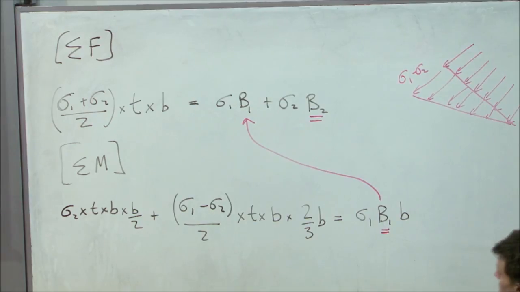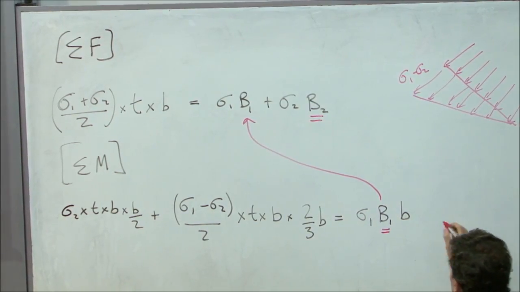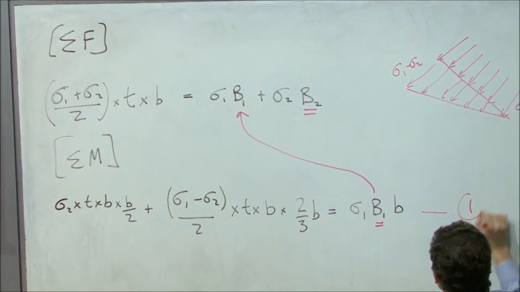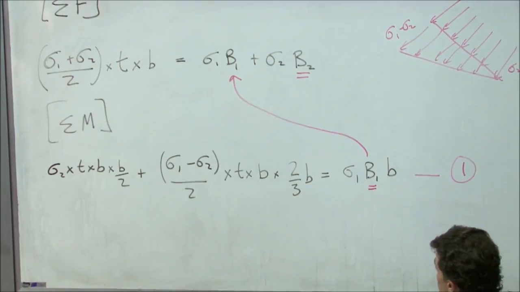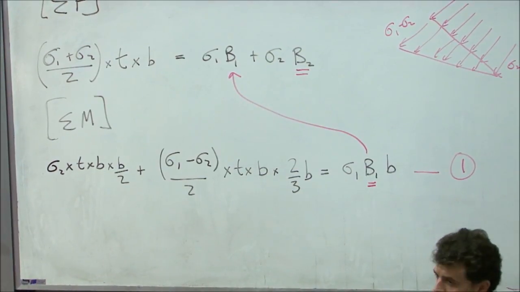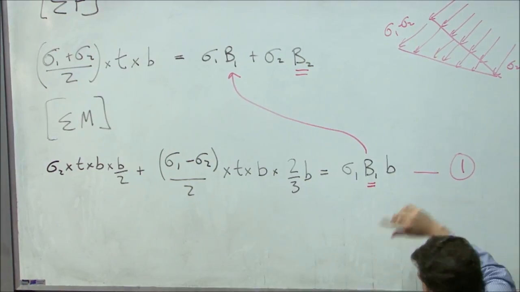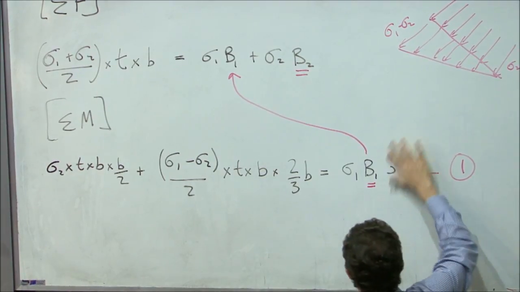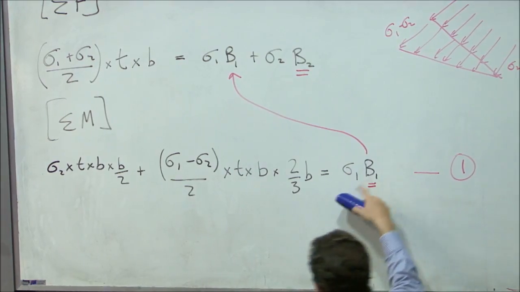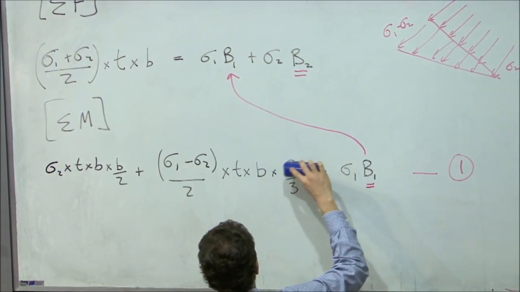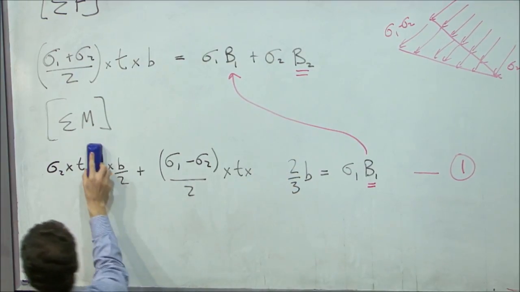Now, first thing I'm going to do, I'm going to start with this equation so we can solve for B1. First thing I'll do is get rid of a B out of every side. Because I've got limited board space here, I'm just going to manipulate it on the board so you can write out the correct thing in your book if you want. I'm just going to take away a B from every term.